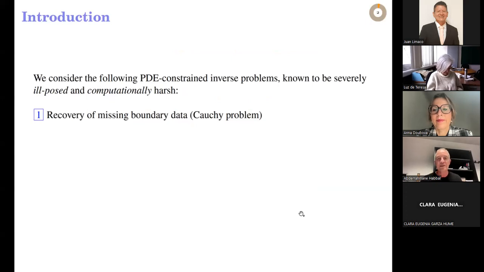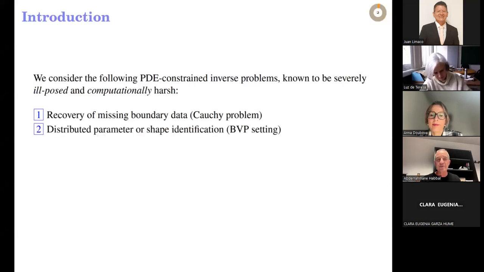I start with introducing the general context of this talk. I am interested in PDE constrained inverse problems, and in those families of inverse problems which are known to be severely ill-posed and also very challenging from the computational point of view. These two families of inverse problems are, first, the recovery of missing boundary data, also known as Cauchy data; I will say a few words on what I mean by that.